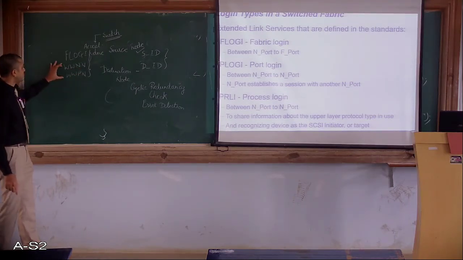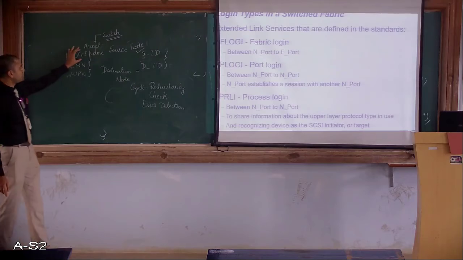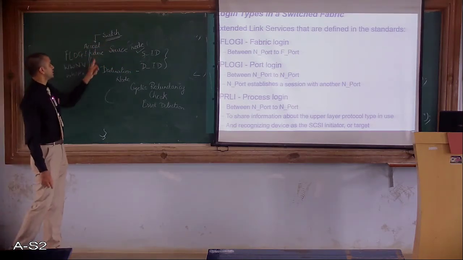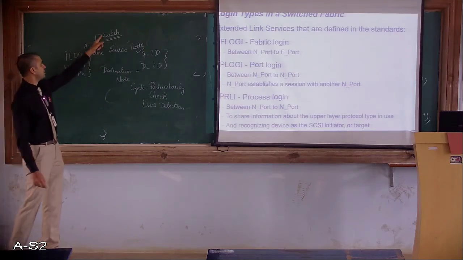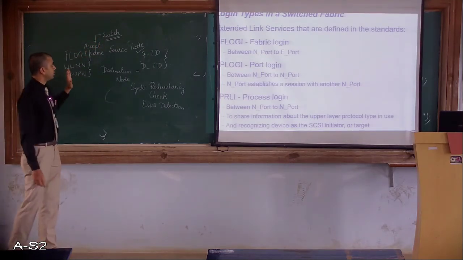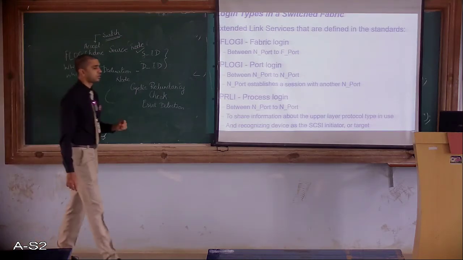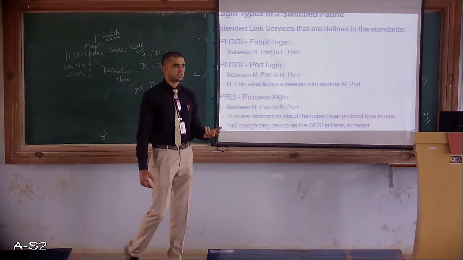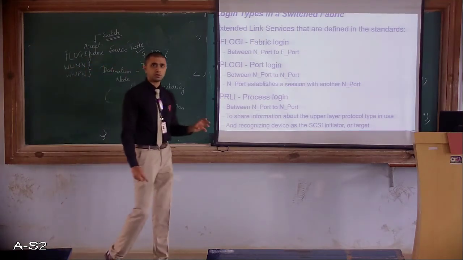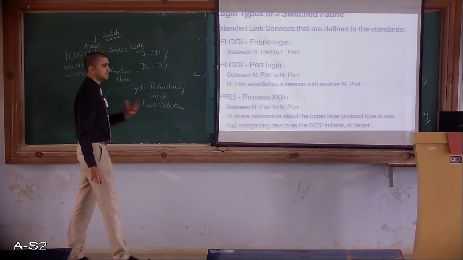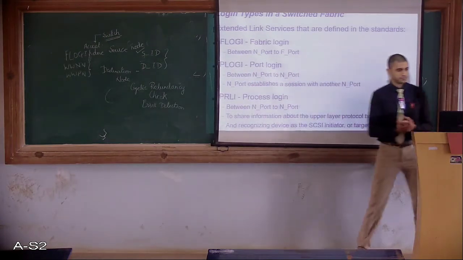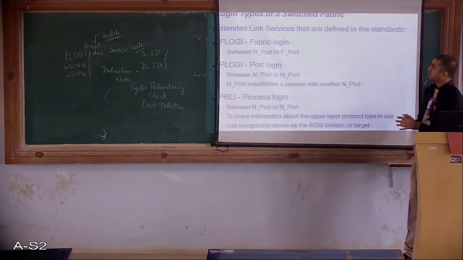So using these two parameters, an F-log-I frame is sent to the switch present in the fabric. Once the switch receives these parameters with the F-log-I frame, an accept request is sent to the port. Once that is done, that N port which wants to avail services has to register its name with the local name server. Once that is done, then the node can easily avail any of those services which are required by it. This was all about fabric login or F-log-I.